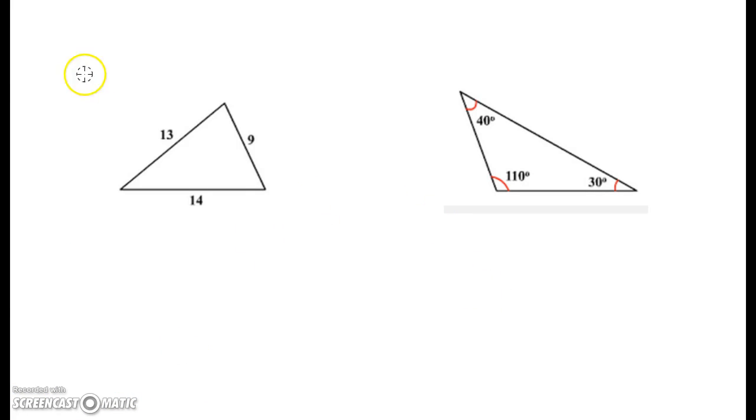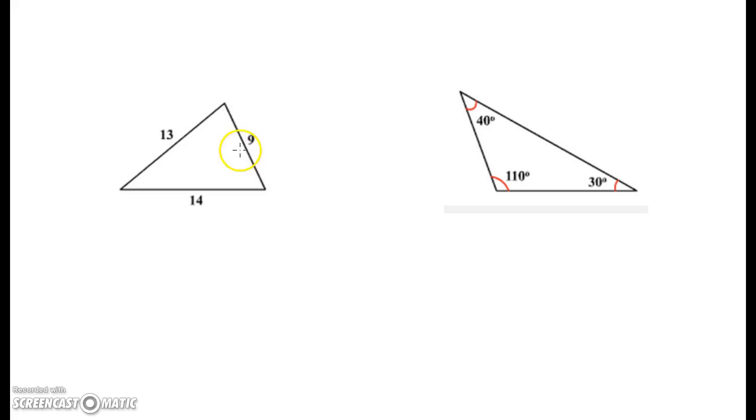All right, we know something about how the sides of a triangle are related to the angles of a triangle. The longer a side is, the bigger the angle that's across from it has to be in order to reach both ends of the side. And the smaller the side is, the smaller the angle across from it will have to be in order to reach both edges of that side.